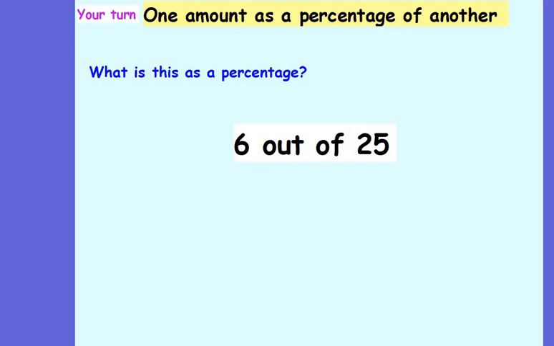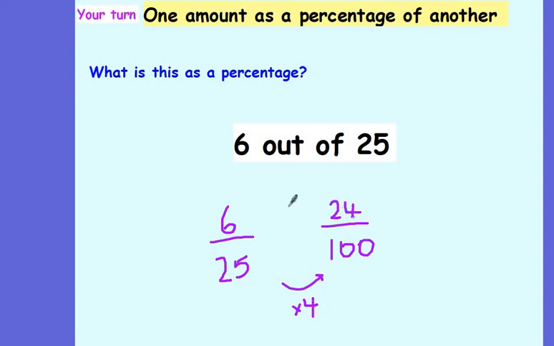Convert that to a percentage for me. Let's go through it. 6 out of 25. Top and bottom by 4. Leaves me with 24 out of 100, which is 24%.